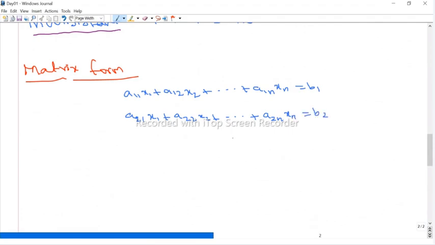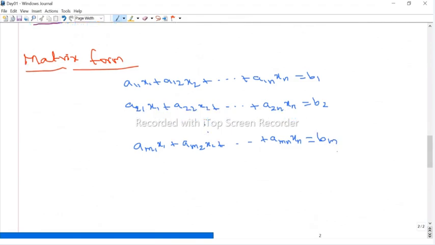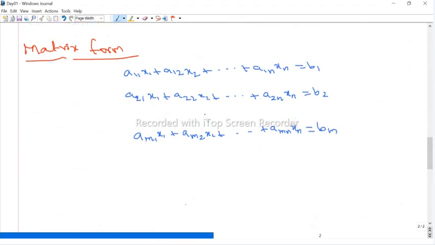The mth equation is am1 x1 plus am2 x2 plus etc. amn xn equal to bm. This system of equations, in simple form, I write as AX equal to B, sometimes written as small b.